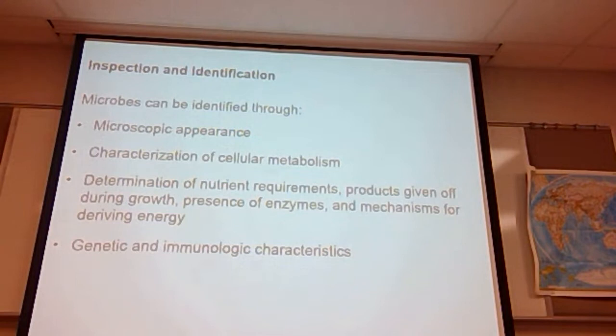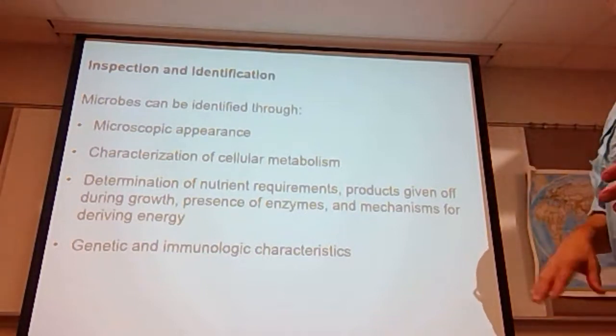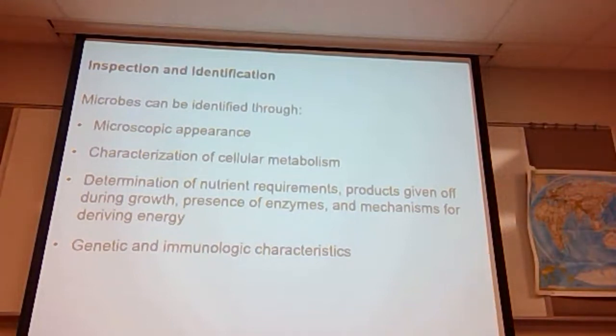All right. Inspection and identification. This is when microbes can be identified through several different ways. You can have the microscopic appearance. What color are the colonies? Are the colonies raised or are they flat? Do they have a slick, shiny appearance, or do they look more fuzzy? Characteristics of the cellular metabolism. Do they metabolize glucose but not sucrose?